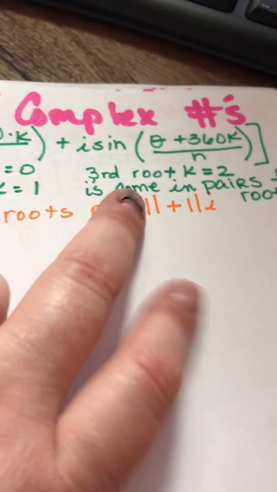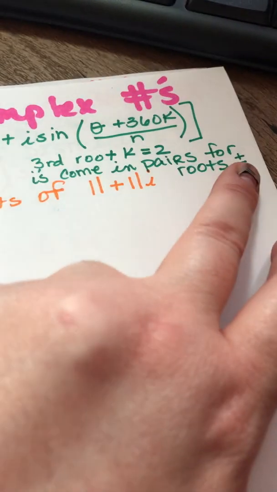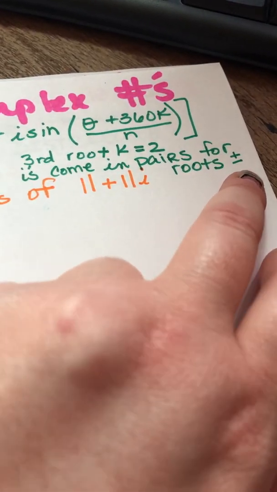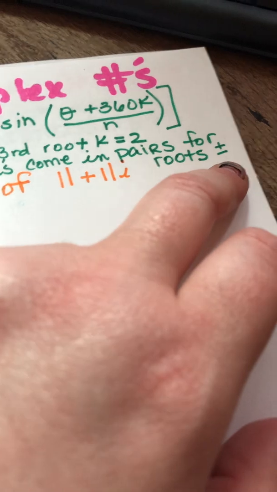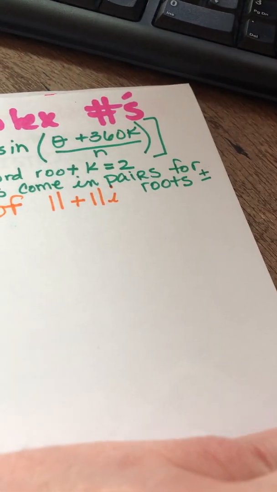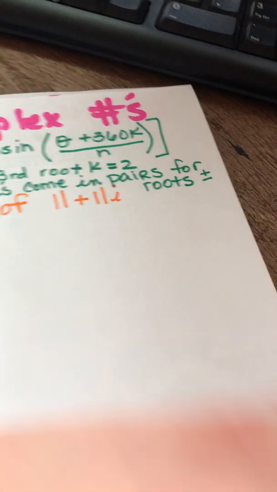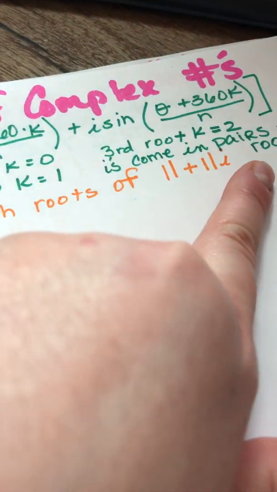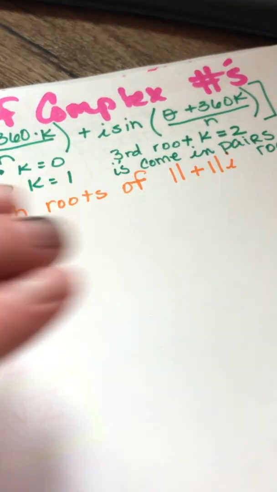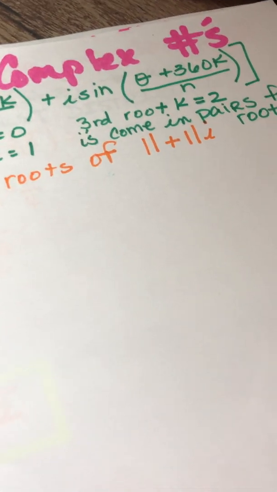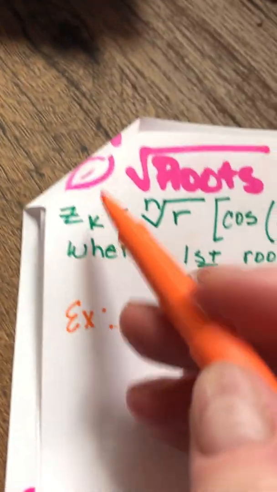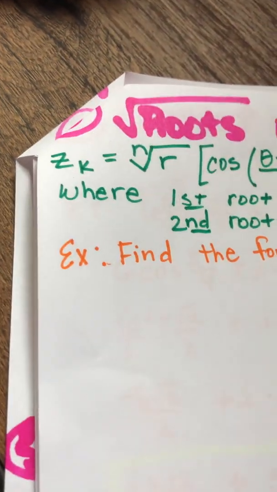And then when it comes to roots, i's come in pairs. So as in plus minus. So if I have 5i, I'm automatically going to have negative 5i when it comes to the roots. So this says, find the fourth root of 11 plus 11i. So whatever the roots are, I'll have a plus and minus of it. Okay, so let's see here. In this formula, I have z sub k.